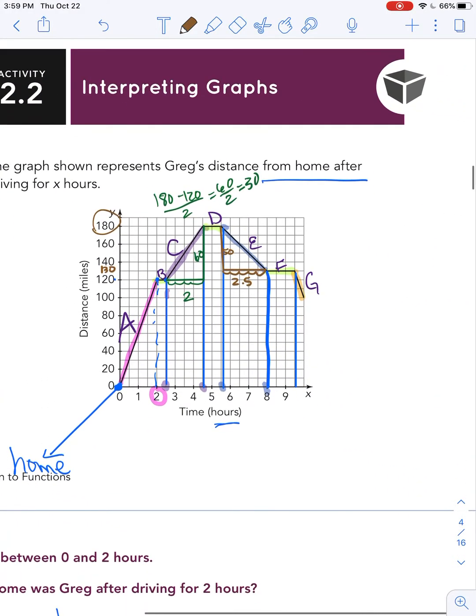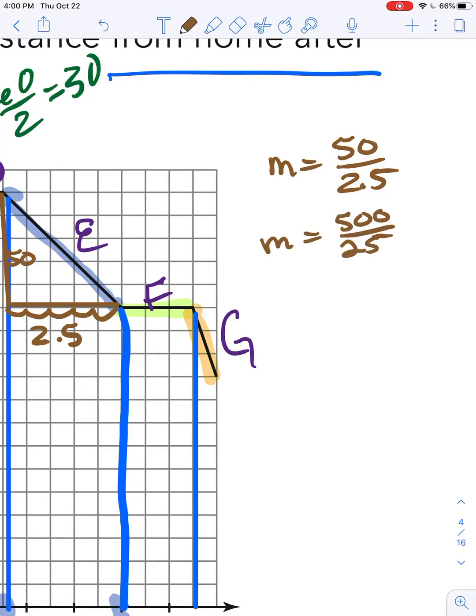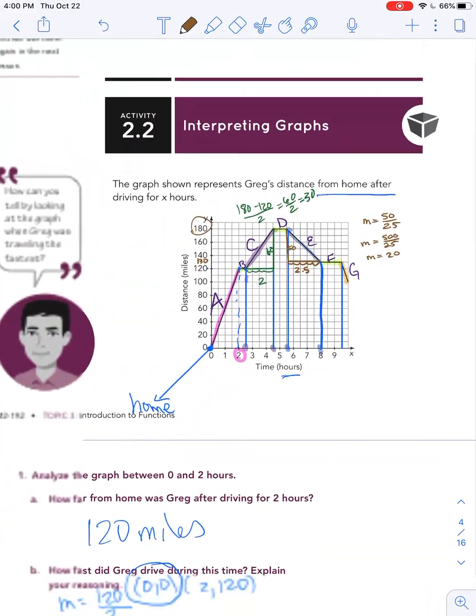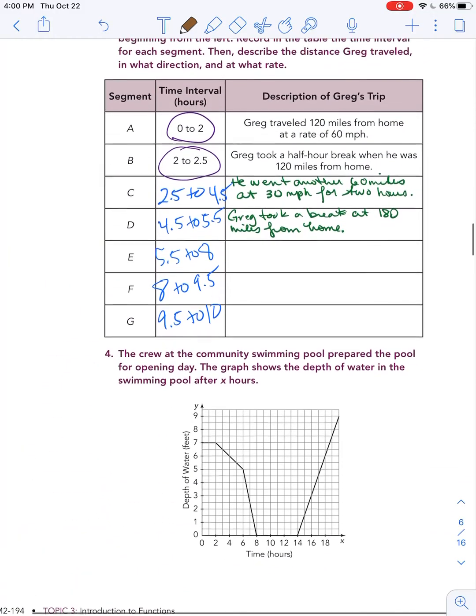So that means my slope on this one is 50 divided by 2.5. Now, some people have a hard time doing what I'm doing. All I did was multiply the top and the bottom by 10. So that would be 20. Okay, so his rate is 20 miles per hour.